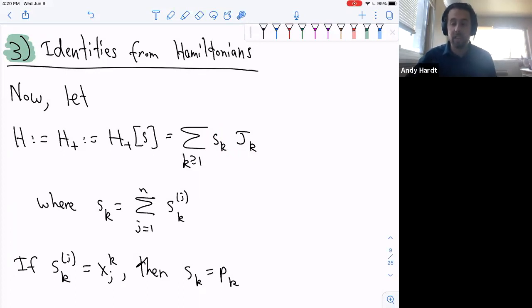For the power sum symmetric function, it's the sum of all x sub j to the k's. We're going to generalize this by saying s sub k splits up into a sum of these things. If s sub k super j is x sub j to the kth power, then we have the power sums. But in general, this is not anything to any particular power. And so that's why we're more general than just Schur functions here.